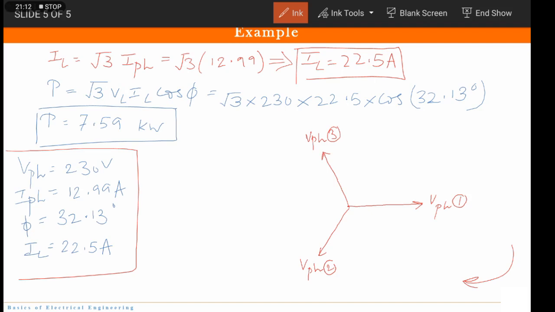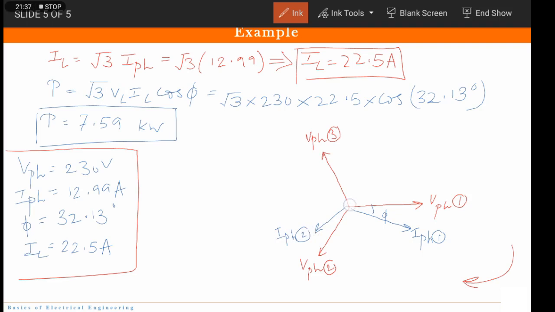Fine? So what I will do is, I will draw phase current which is lagging. So this is phase current 1 and this angle is nothing but phi. Similarly, I will draw one more phase current which is lagging. So this is phase current 2. Correct?